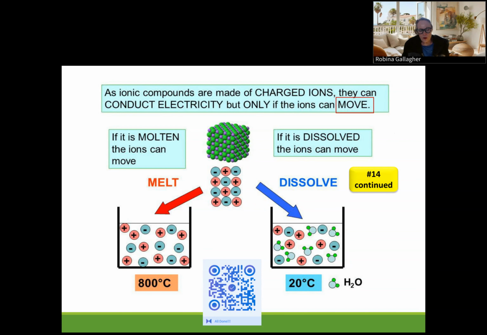In a solid form, it can't conduct electricity. So that word is right here: move. The ions have to be able to move. Okay. So that's the last part of question 14.